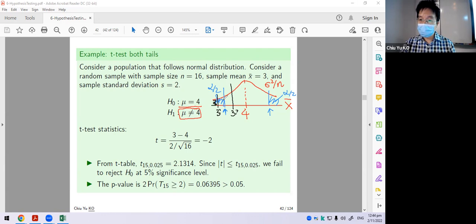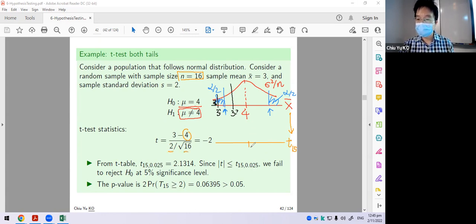So I think it's rather clear that we don't work on this X bar, because we don't know sigma. That means we have to look at the T, and because n is 16, we use T15. You can transform here to here by subtracting the mean over S over root n.